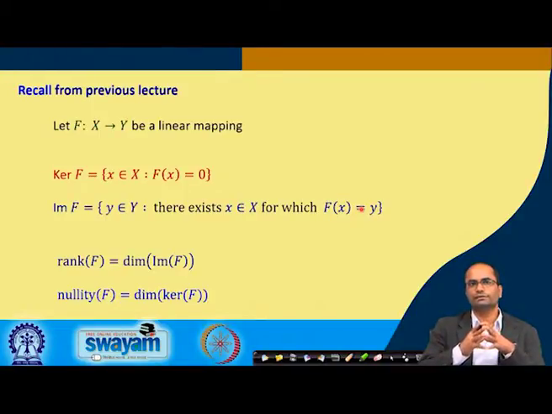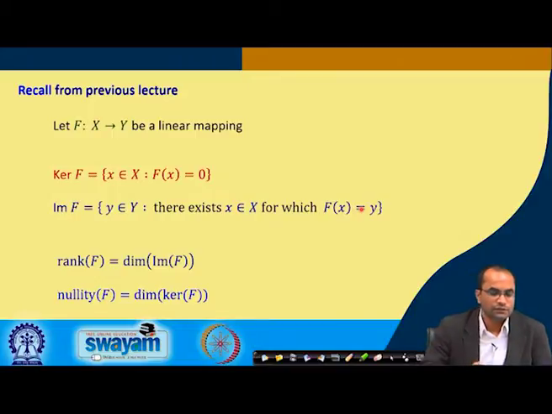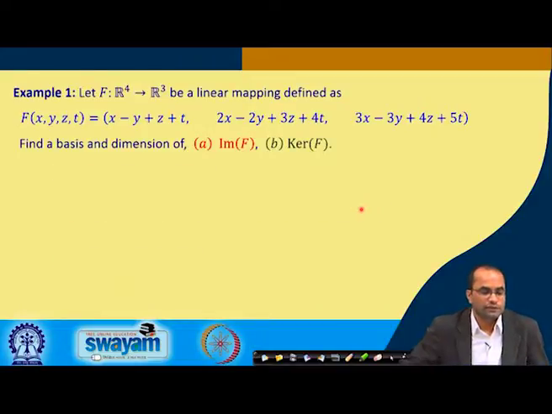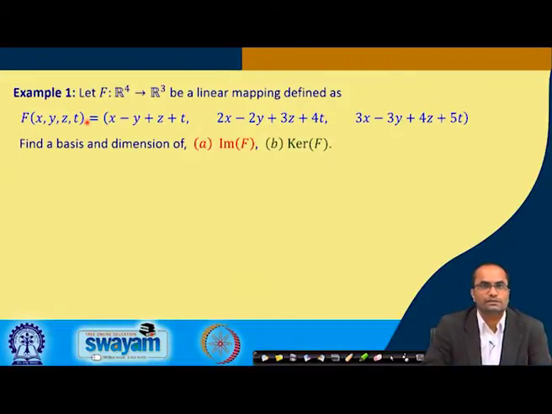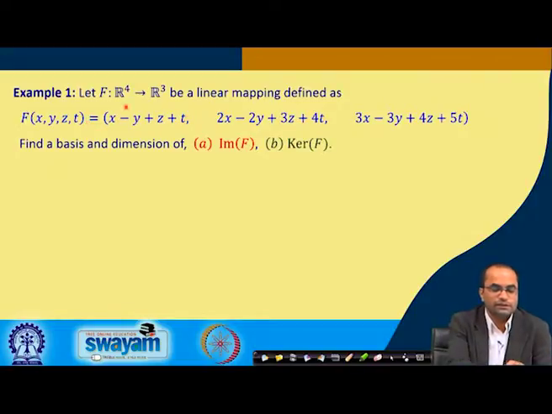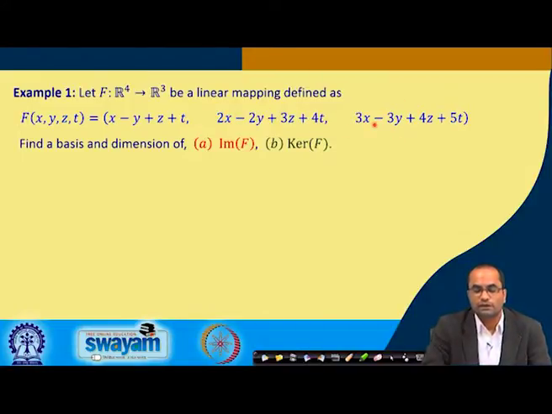With these definitions we start with an example where f, a linear map from R^4 to R^3, is defined by this relation. f maps the element (x, y, z, t) from R^4 to (x - y + z + t, 2x - 2y + 3z + 4t, 3x - 3y + 4z + 5t).